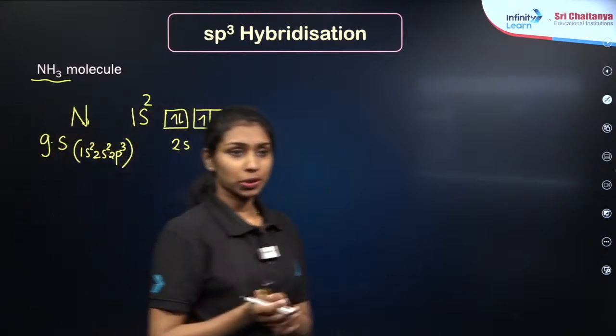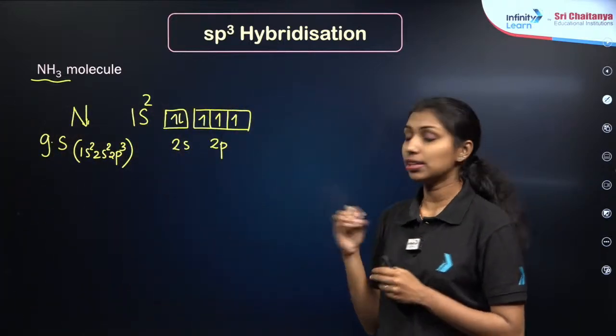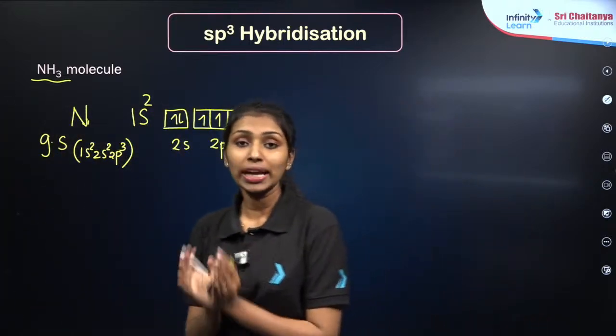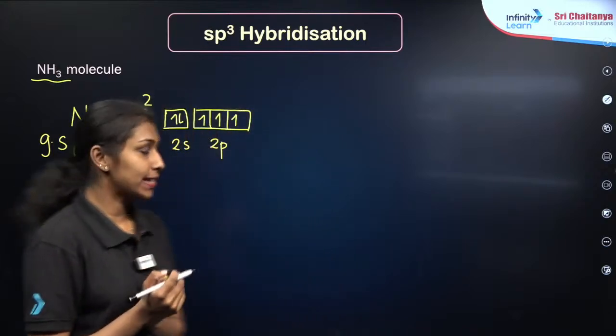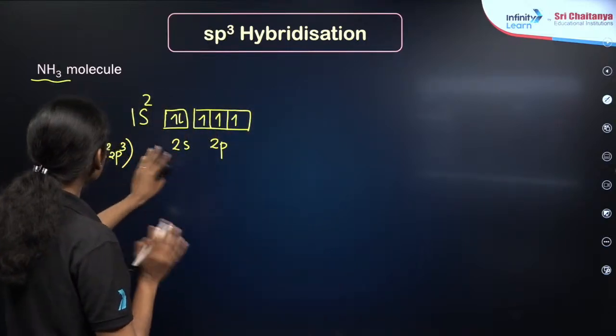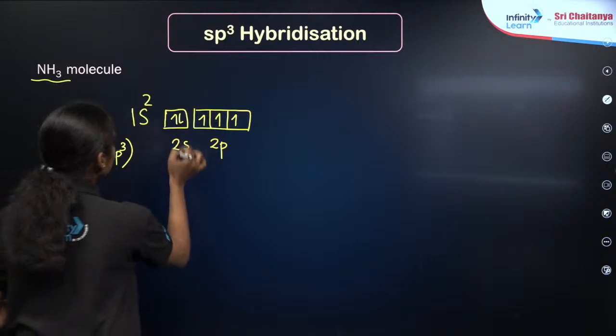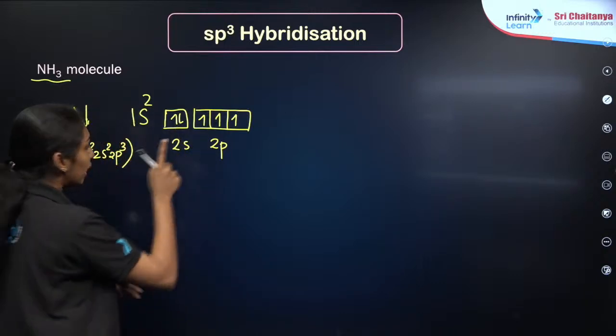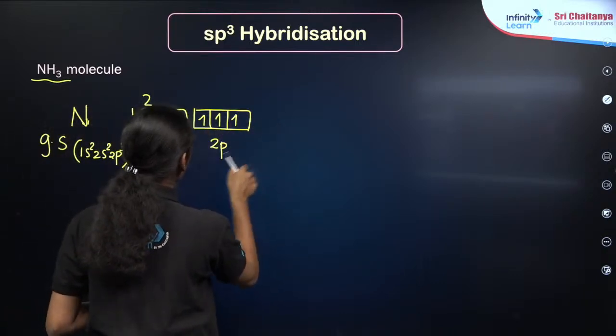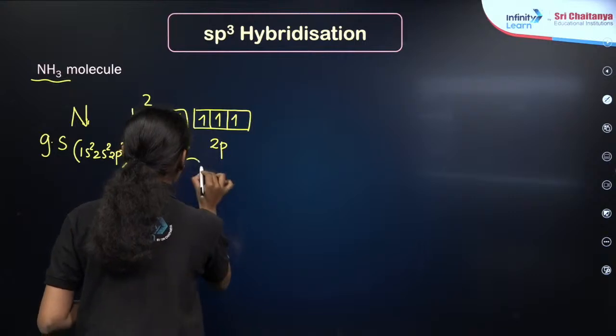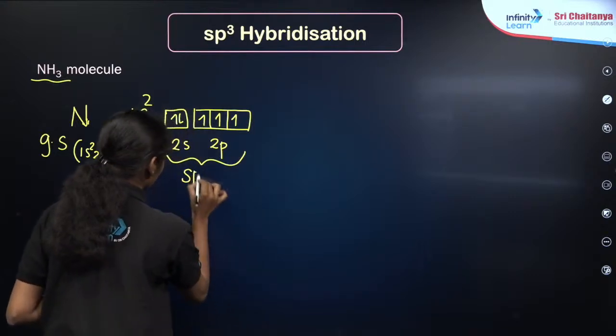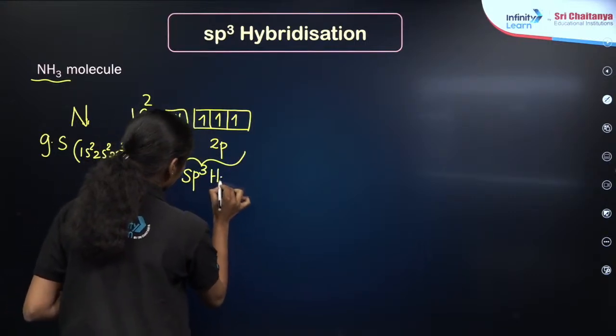Here the point to be noted, which is the third postulate or third feature of hybridization, is that there is no necessity for promotion of an electron or excitation. In the 2s orbital there will be 2 electrons, and in the 2p orbital there will be 3 unpaired electrons, right? Then it will undergo sp3 hybridization.